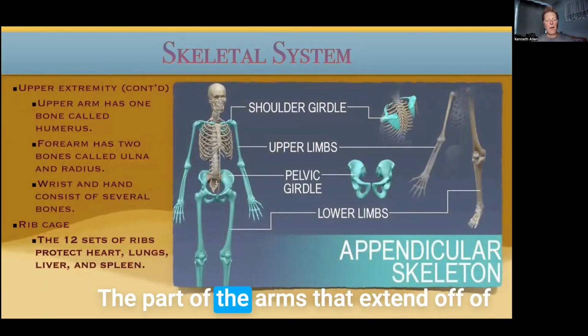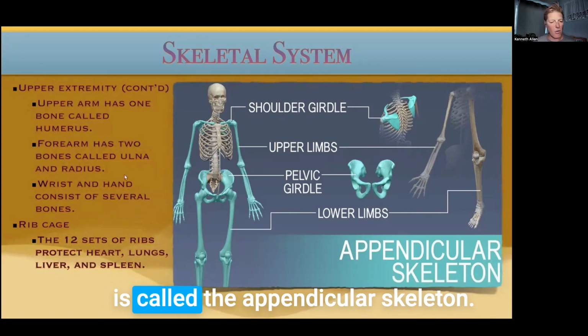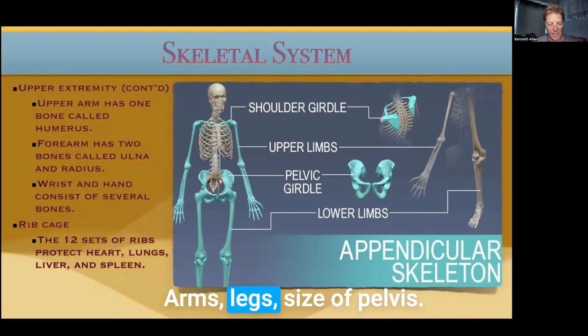The part of the arms that extend off of our main skull and rib cage and back is called the appendicular skeleton. Arms, legs, sides of pelvis.